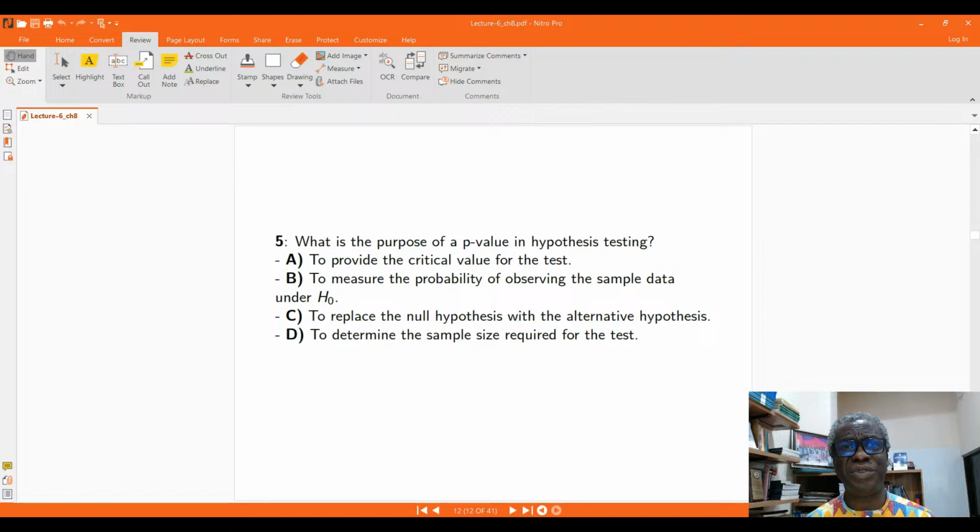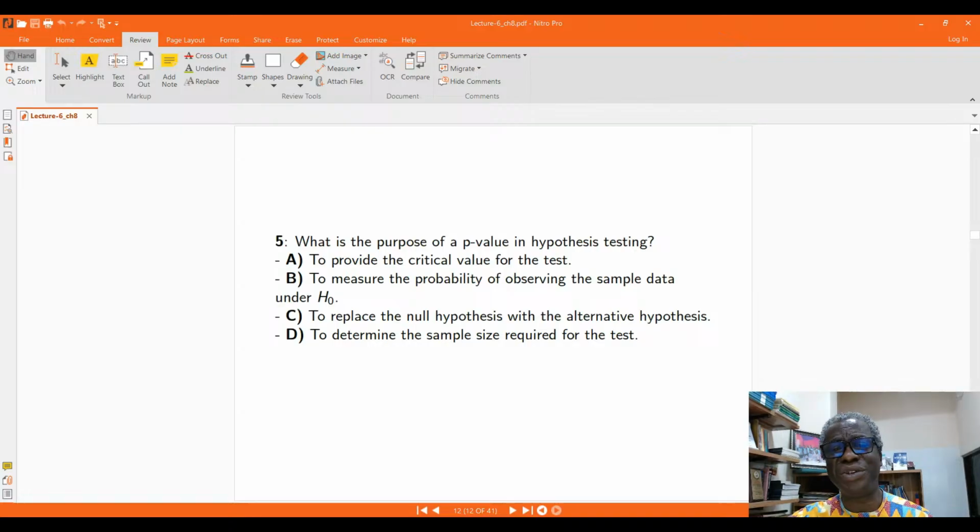Now the last question for the pre-lecture quiz is, what is the purpose of a p-value in hypothesis testing? A, to provide the critical value for the test.